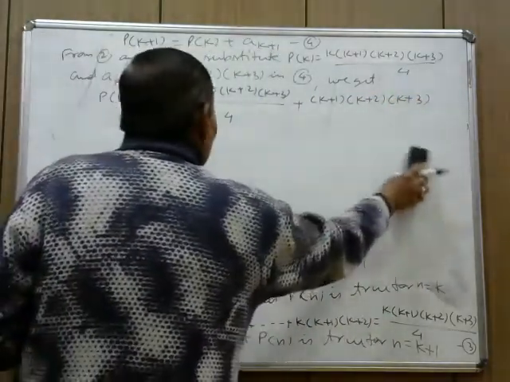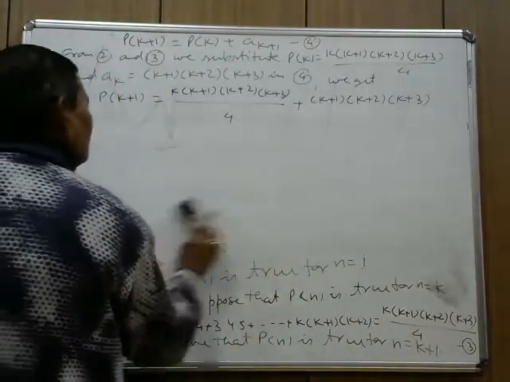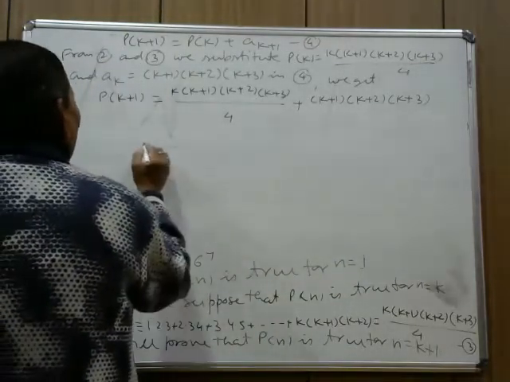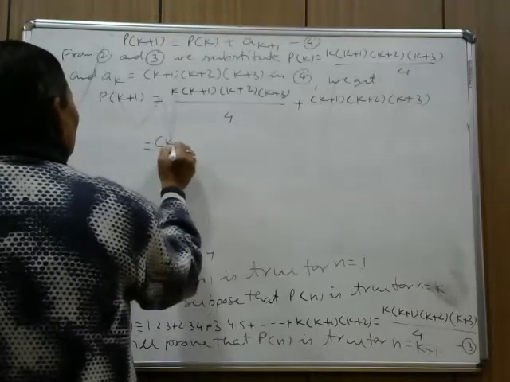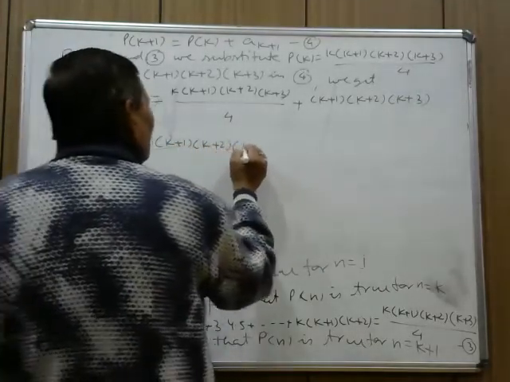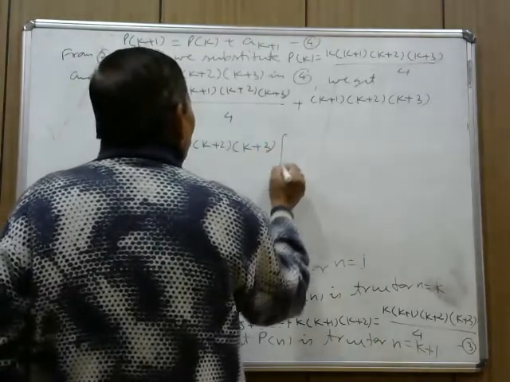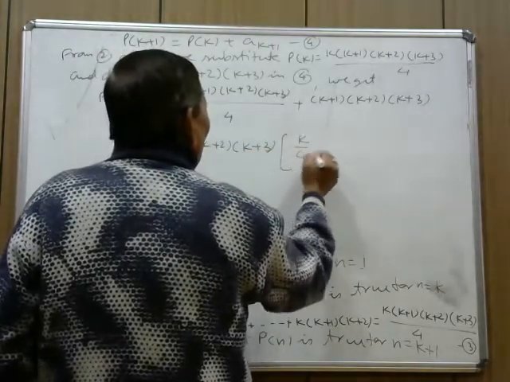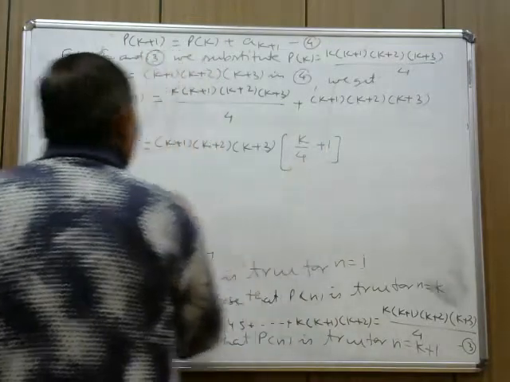Now, by taking common, we can write this as (k+1)(k+2)(k+3) in bracket k by 4 plus 1.